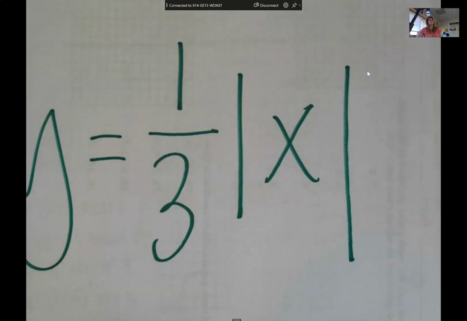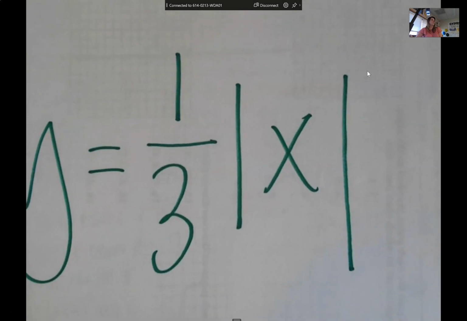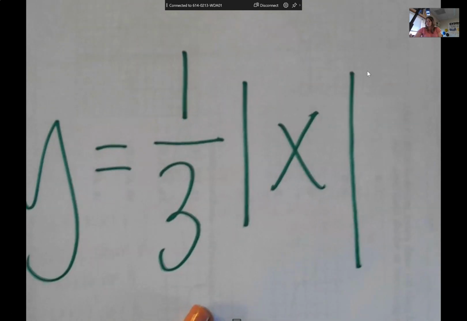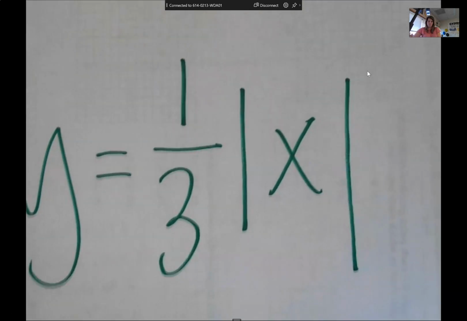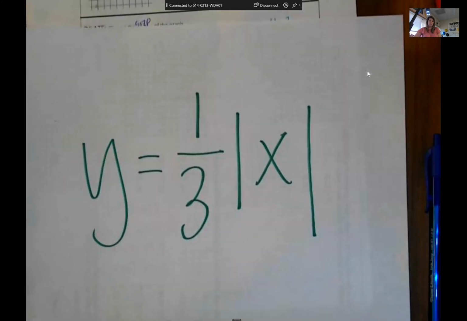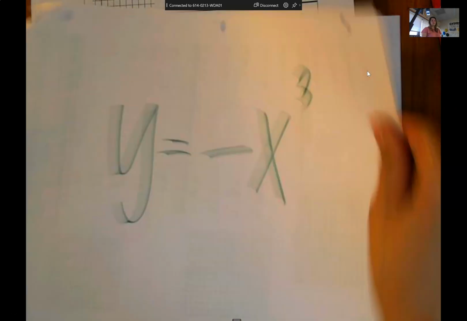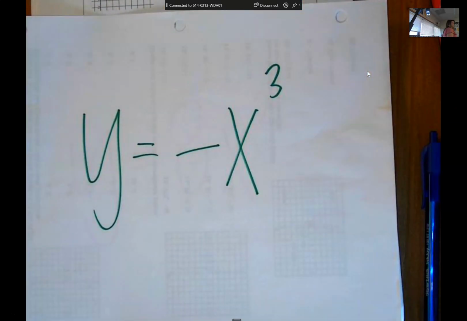So on your whiteboard for this one, you would write shrink by 1/3. Is that making sense? Okay, so on this one, write down what I did.